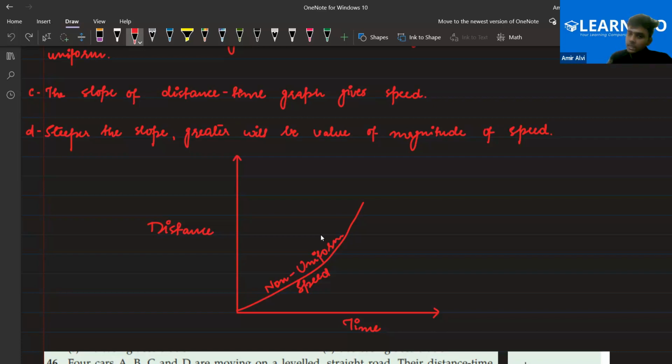Can you tell me, is it still a uniform motion? In the chat, say yes or no only. Is it a uniform motion in any means? Is there anyone who is left? Check it.